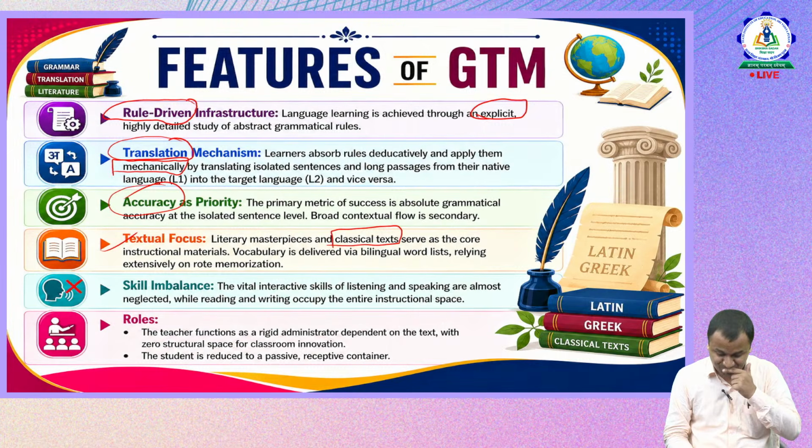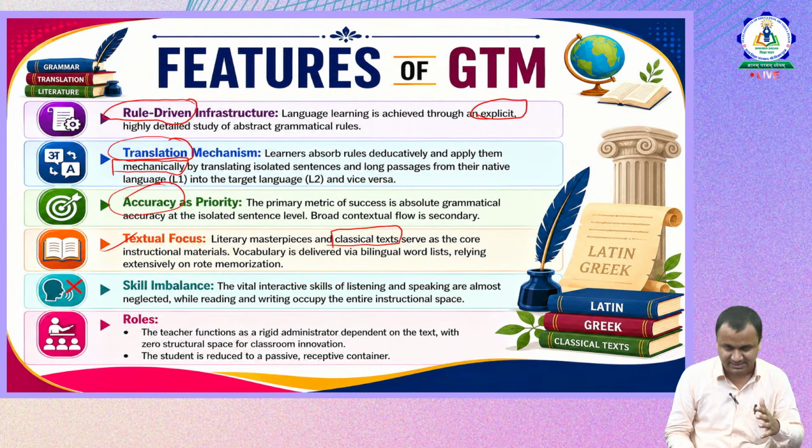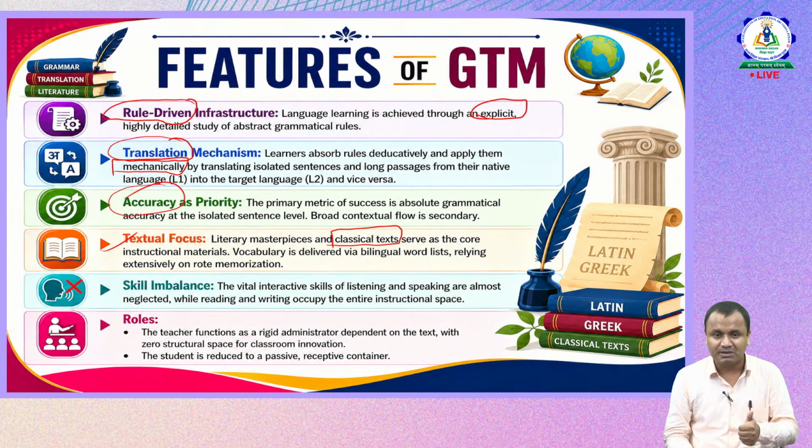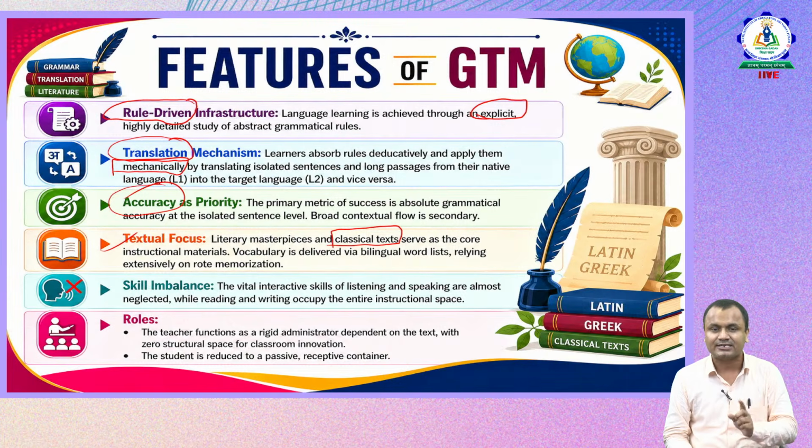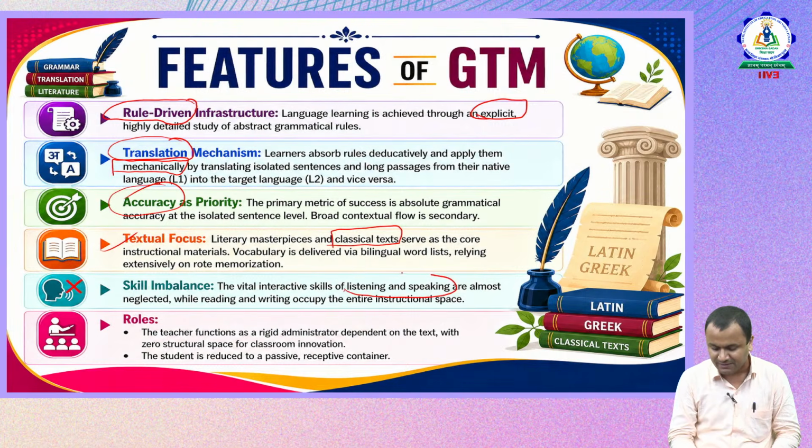So we know that in language there are 4 skills, and in order to make a student competent to communicate, we need to focus on all the 4 aspects of the language skills, LSRW. Whereas while teaching through GTM, we do neglect 2 skills of the language, and those 2 skills are listening and speaking.